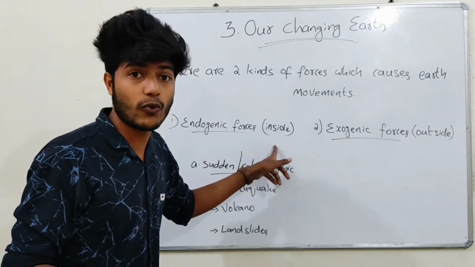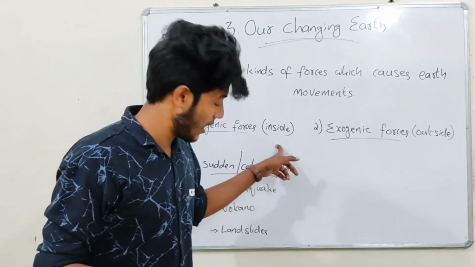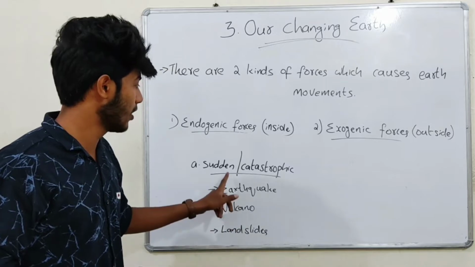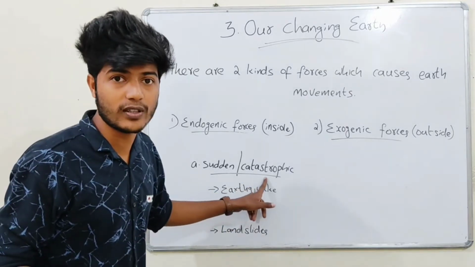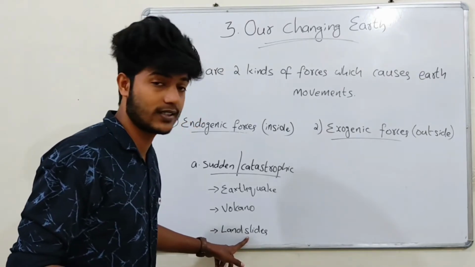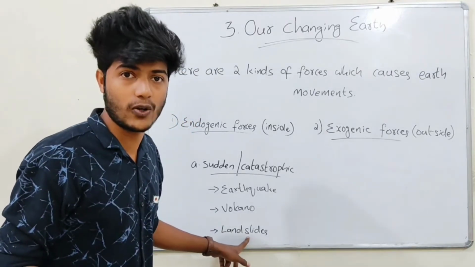That means the forces inside the earth are causing landslides. Then landslides are examples for sudden or catastrophic movements. What does it mean? Landslides are also fast. They are quick. They are not slow.